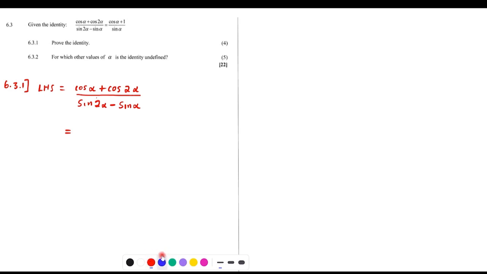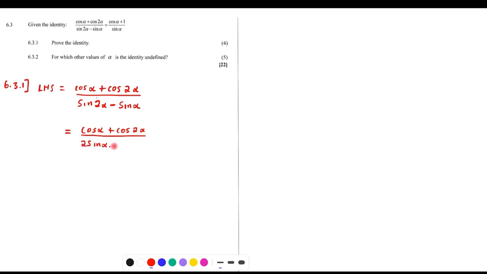So here I'm simplifying. The first thing that you always do when you simplify is you always look for the double angle sine, right? The one double angle sine, you always change that one first while you're keeping the double angle for cos as it is, right?